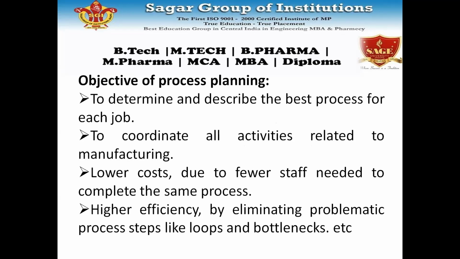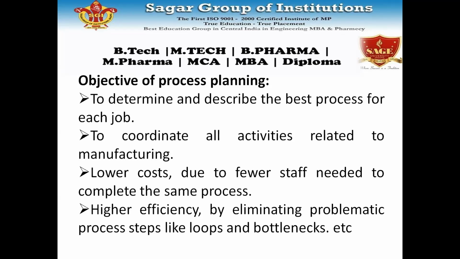Then let us discuss the objectives of process planning. Here are a few objectives that have been described. First objective is to determine the best process for each job. Second, we have to coordinate with all the relevant activities related to manufacturing. The next objective is lowering the cost by automating the process, in which we will need comparatively fewer staff.